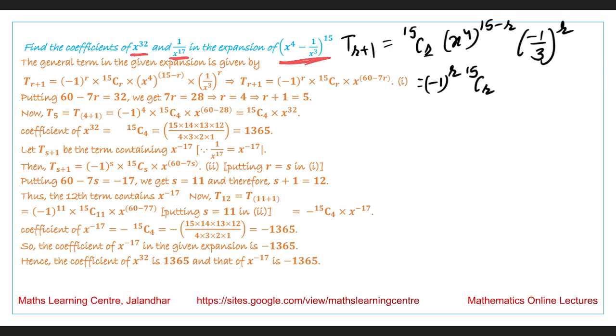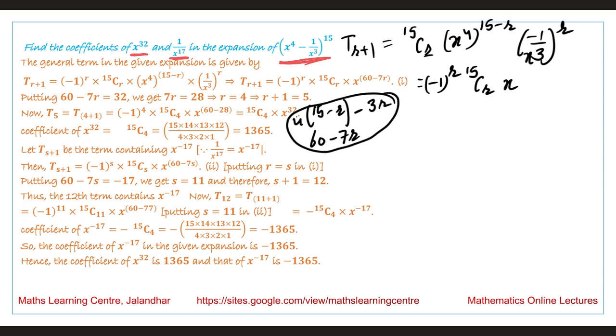15Cr, then we will have x raised to the power, this is 1 by x cube raised to the power r, and the power we will obtain over here is x raised to the power 4 into (15 minus r), minus 3r. So the answer we will obtain in this case is 60 minus 7r. We are talking about this power, it is 60 minus 7r.